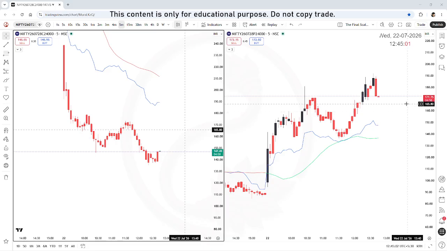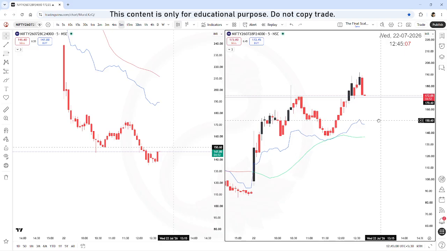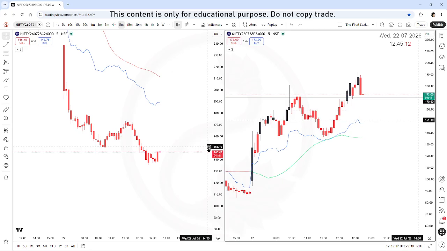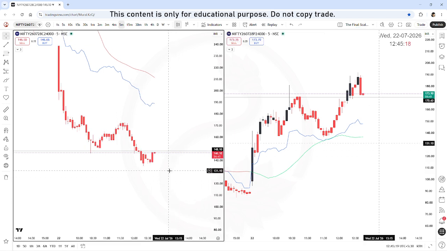So what happens when we are bullish? When our view is bullish, what we say is that the premium of the put option will decay and the premium of the call option will increase. So that is the definition. Now let's say we are bullish on Nifty. There are three things that we can do.